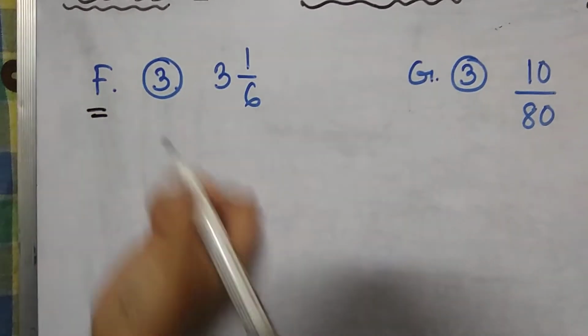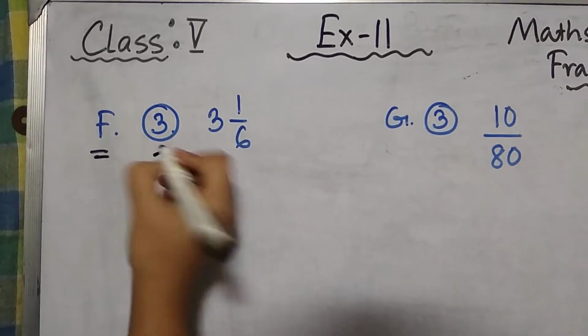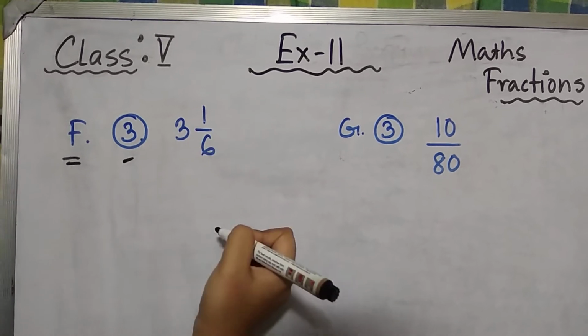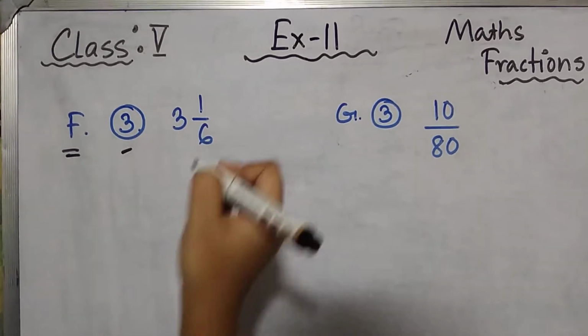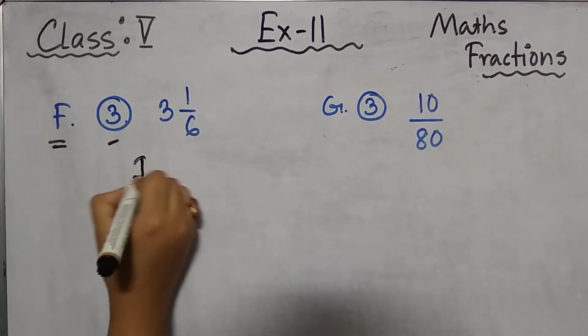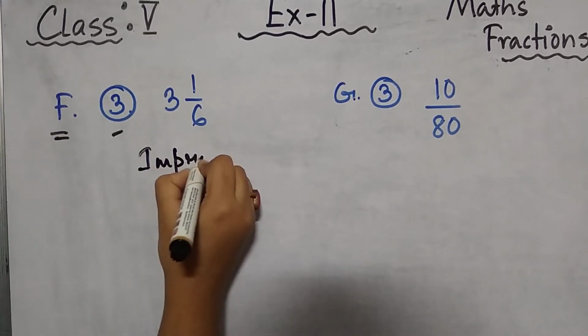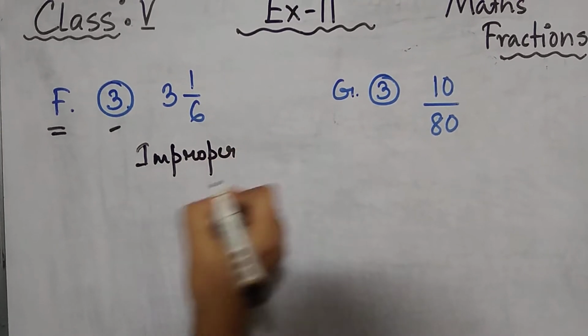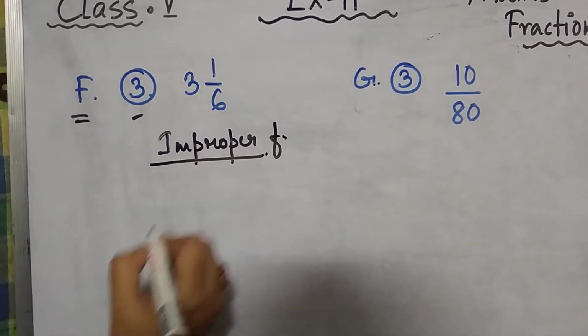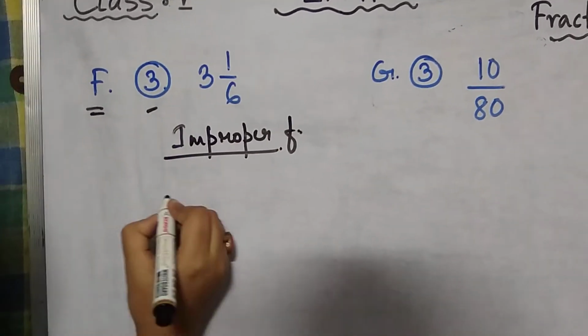Now coming to the number F. I have taken the number 3 sum, where it says 3 whole 1 by 6. Now what we have to do is convert this into its improper fraction, right? So we are going to convert this into its improper form. Okay, so fraction I have written as F. Now how are we going to do it?